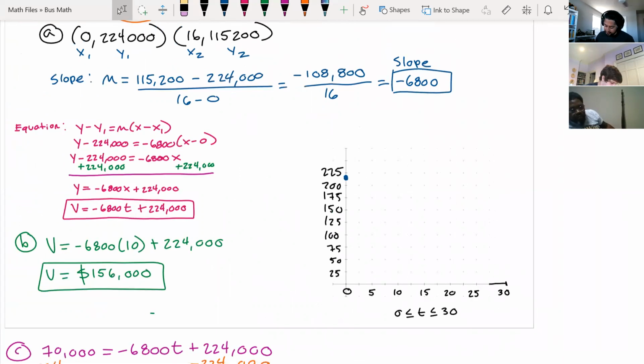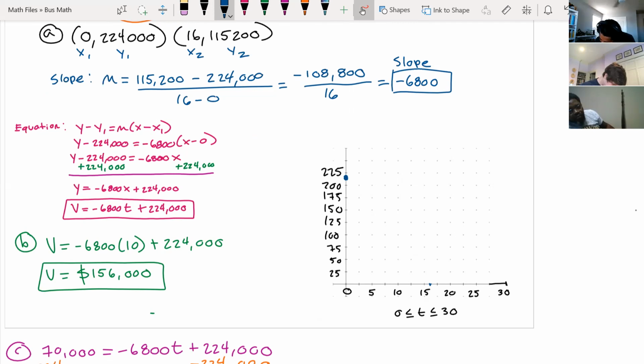Okay. And then another point they gave us was, what else? After 16 years, how much is the boat going to be? 115,200. So again, this is just a sketch. Doesn't have to be accurate. So find 16 years, which is probably somewhere around there, and go up to find 115,000.